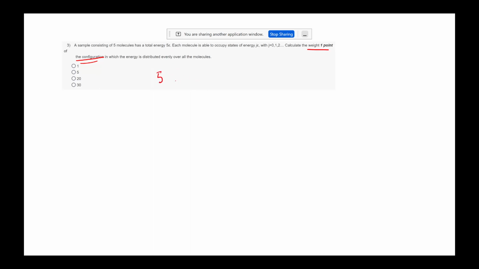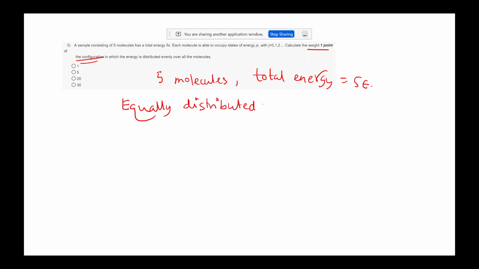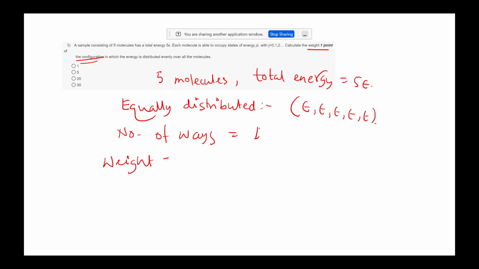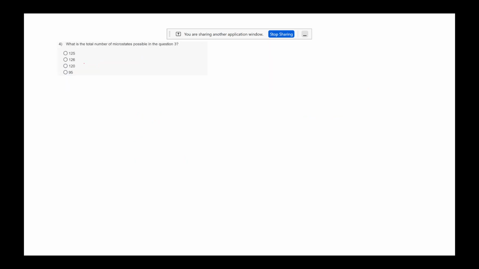Yes, sir. 5 molecules, total energy 5 epsilon, equally distributed. So everyone has epsilon amount of energy. So number of ways will be 1. So weight factor is 1. Okay, let me go to the next.